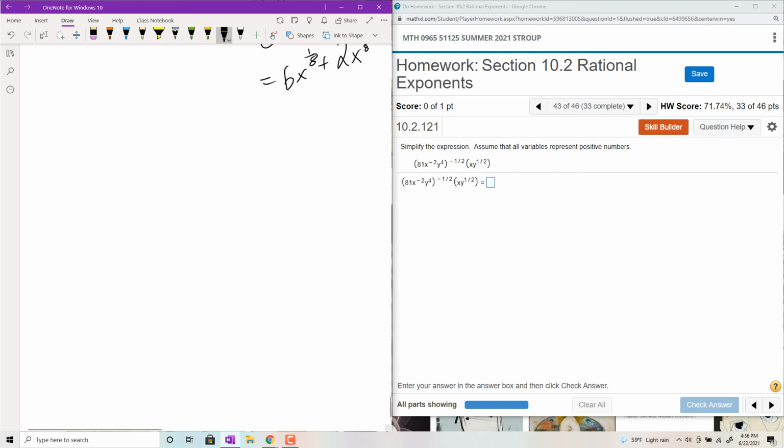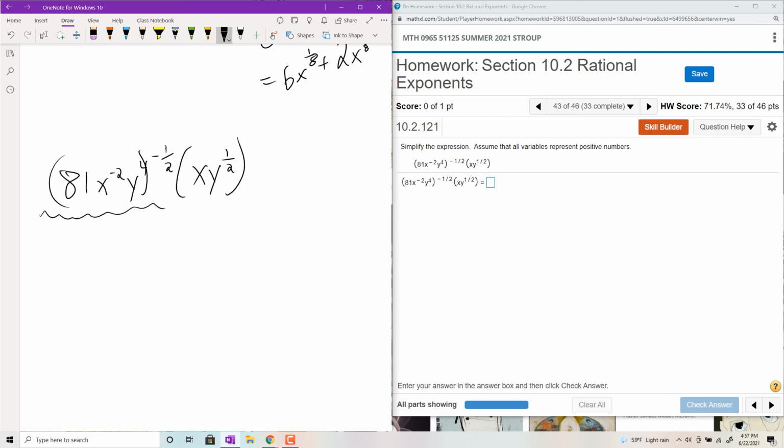Okay, let's look at this one. 81 x to the negative 2 y to the 4th, all to the negative 1/2, times x y to the 1/2. Okay, let's drop this entire expression to the denominator. So I get x y to the 1/2 all over 81 x to the negative 2 y to the 4th to the positive 1/2.